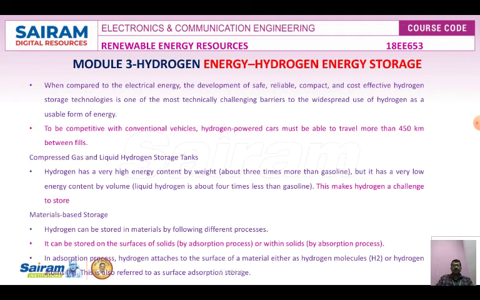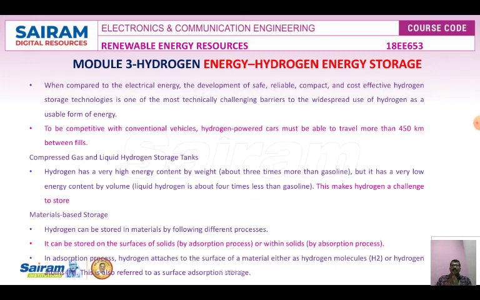Suppose assume that one car is powered with hydrogen. When it is full, it can travel more than 450 kilometers from one fill to the next fill. So how can we store the hydrogen?